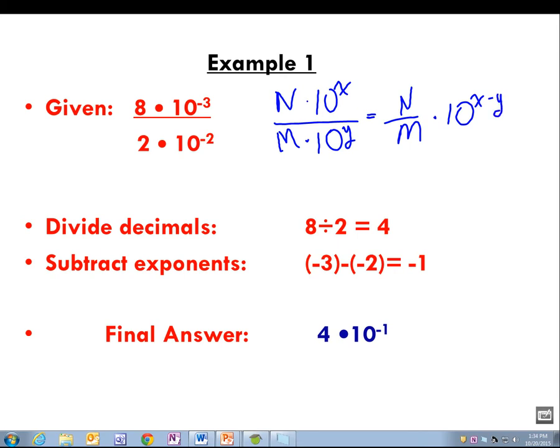So here's, using the general formula, I'm going to substitute in what we have. 8 is our n. Do you see how 8 is the n? So I'm going to make this an 8, and I'm going to make this a 2.